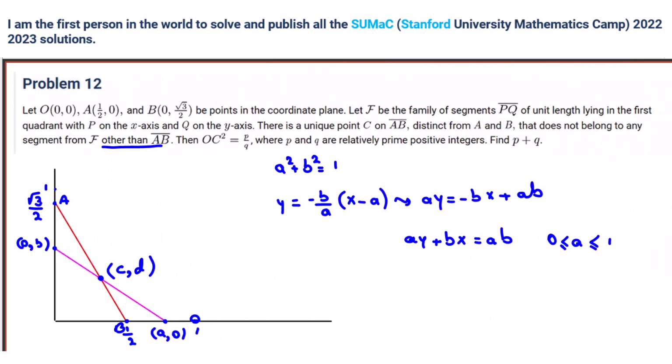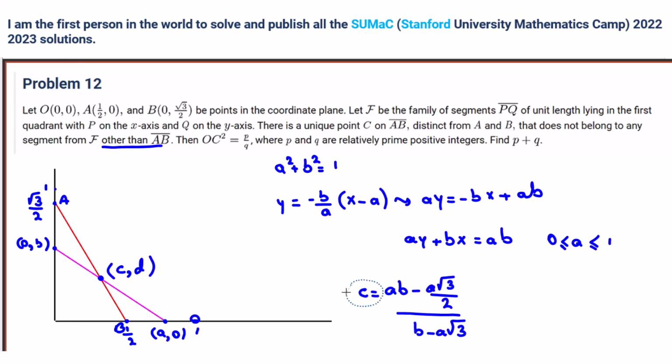Okay, so I got that C is equal to (ab minus a root 3 over 2), all of that over (b minus root 3 a). This one, right?